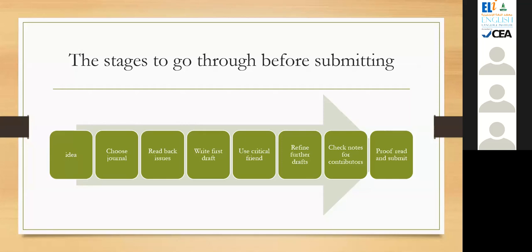We will talk about this very specifically later on. So this is what I mean by read back issues. Use a critical friend, as I said. It could be your colleague, your supervisor, or someone very professional in your field.